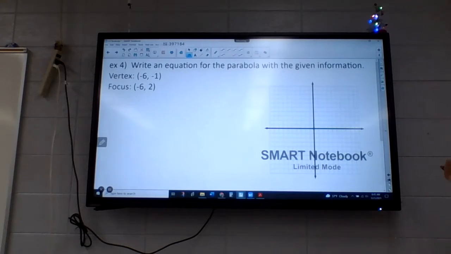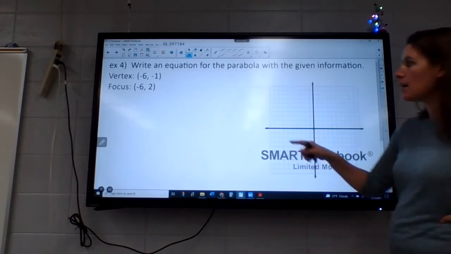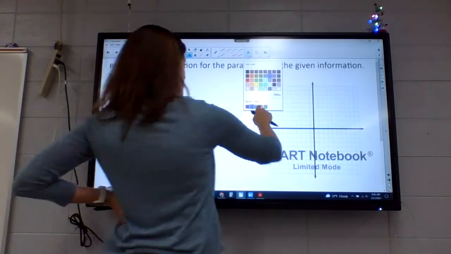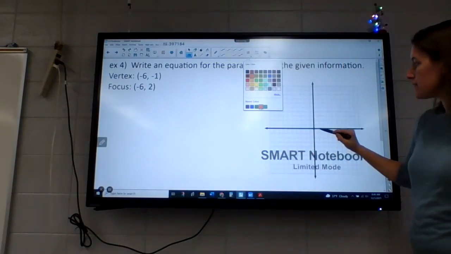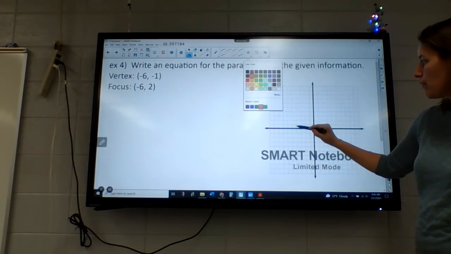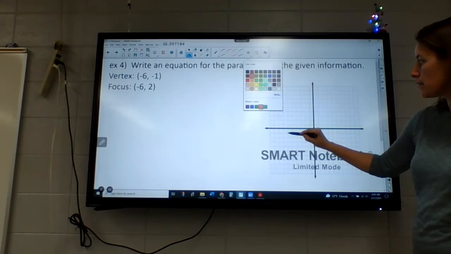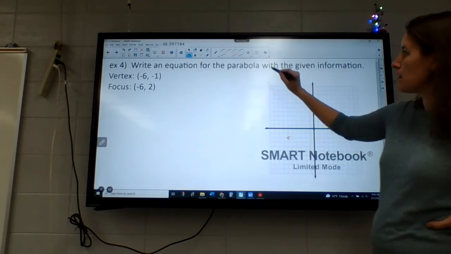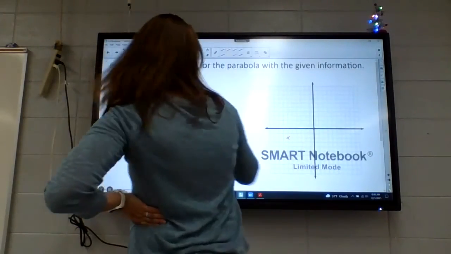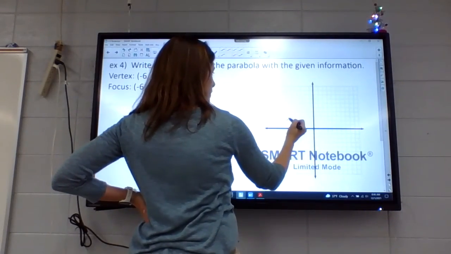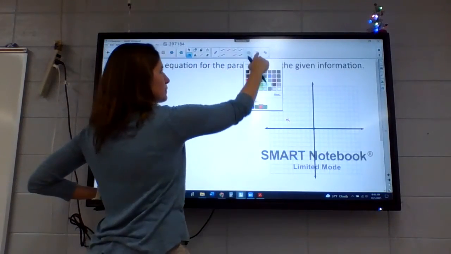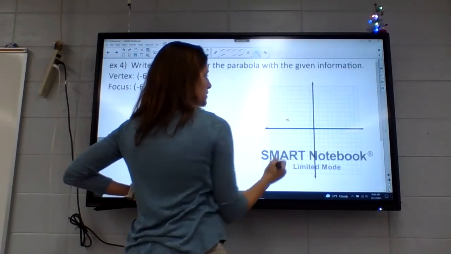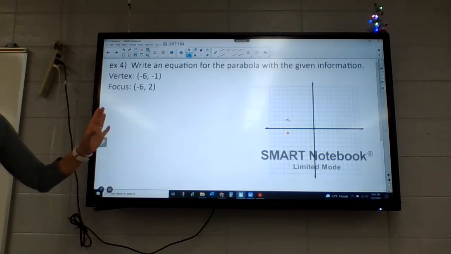All right, this time they're telling us the vertex and the focus. I'm going to put both of those on right away. So -6, -1. And then, oh, no, -6, 2, positive 2, not -2. So, they give us the vertex and the focus.